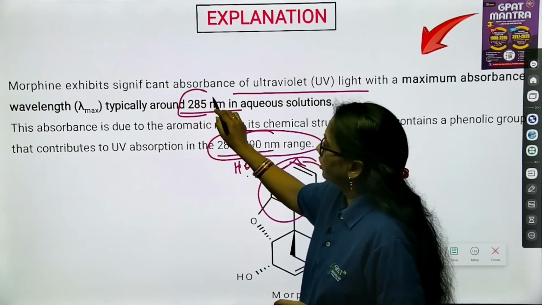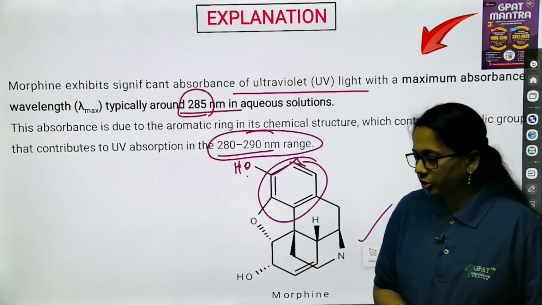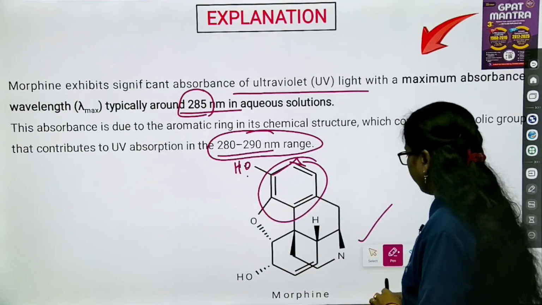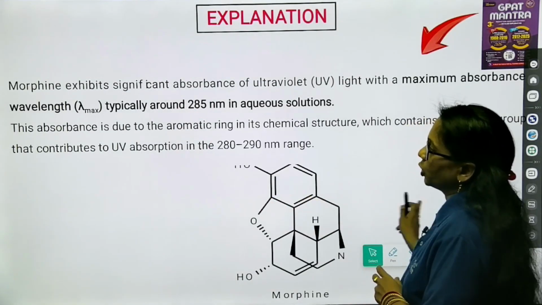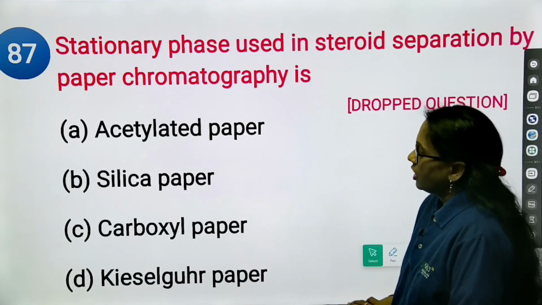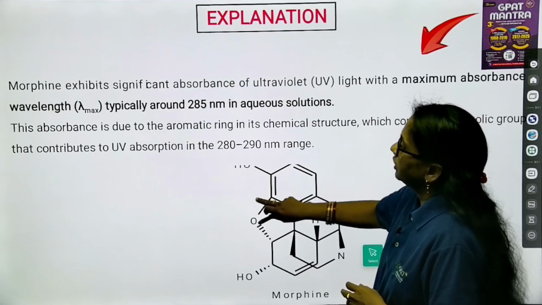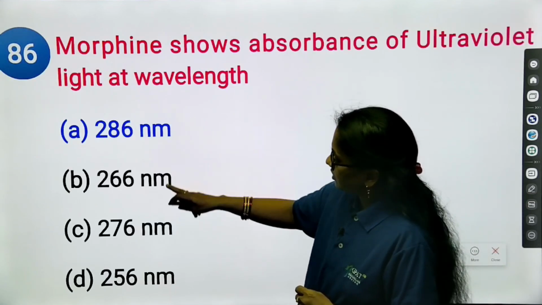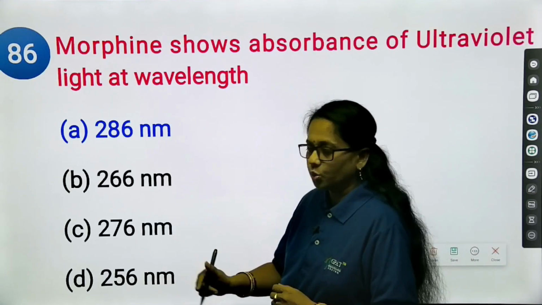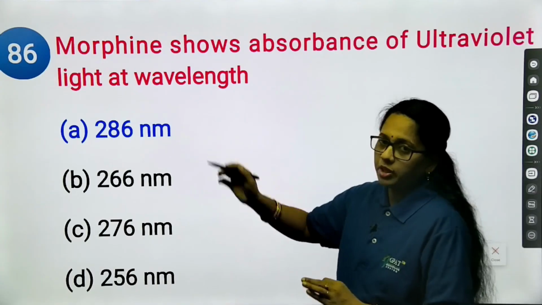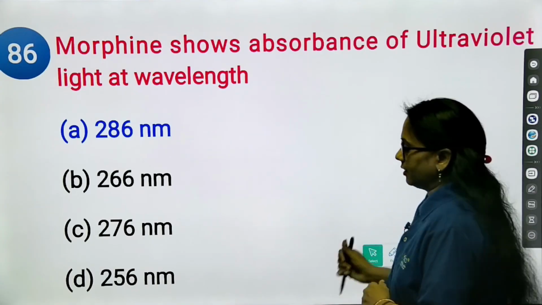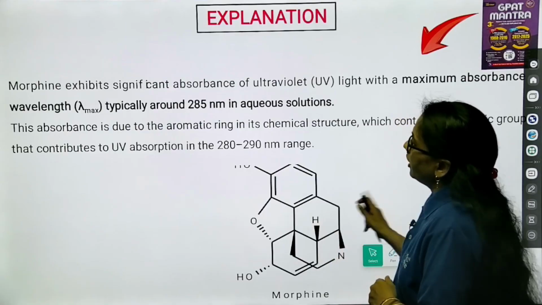Exactly, if you take 285 nanometer, in most instruments you are going to get it. This is how morphine shows UV absorption in aqueous solution. In the options they have given 286, 266, 276, 256. So in and around 280 to 290 nanometers means option A is the right answer. Okay, let us move to the next question.